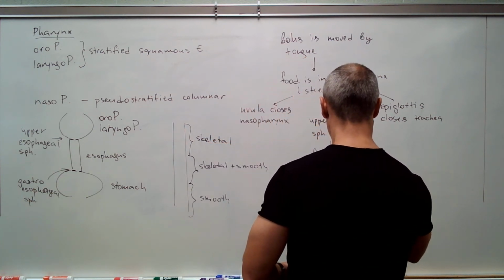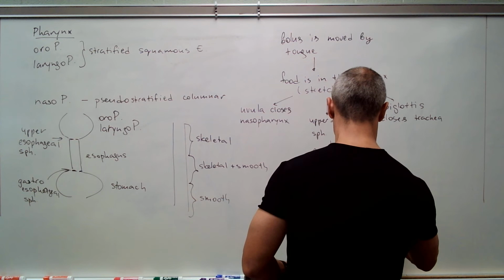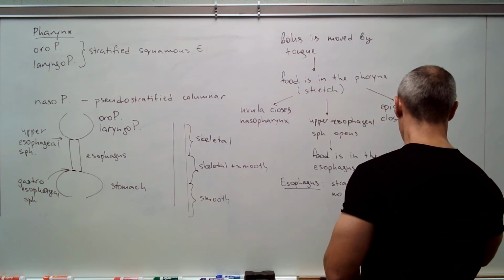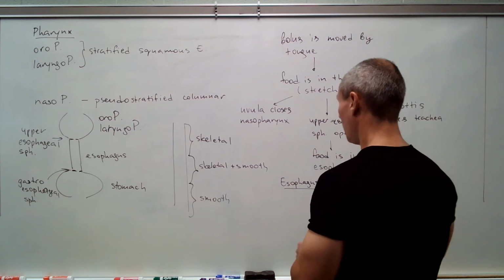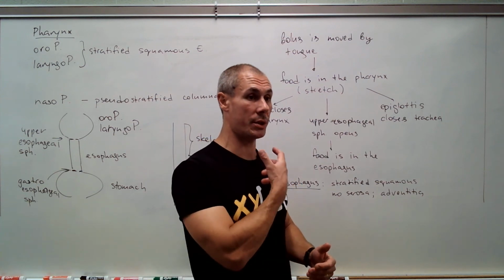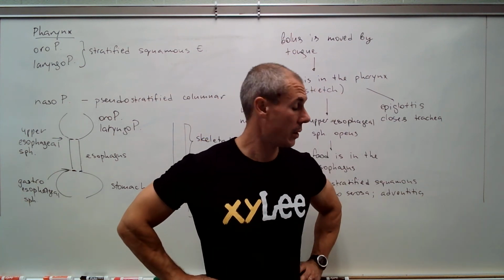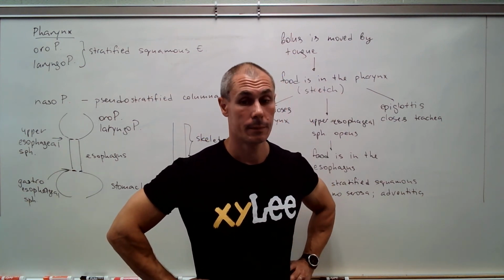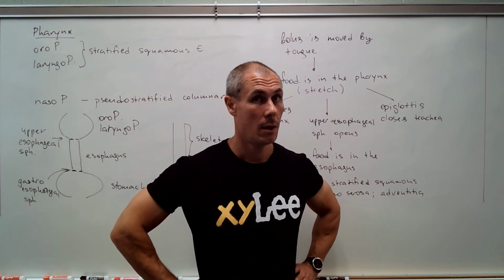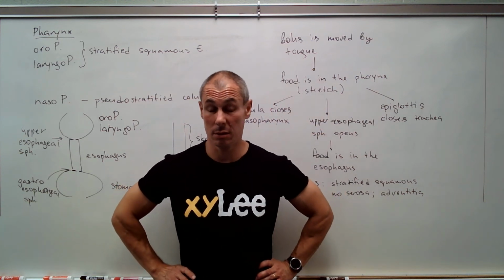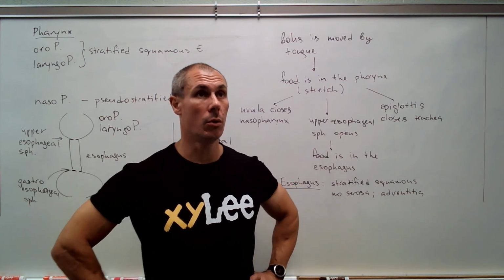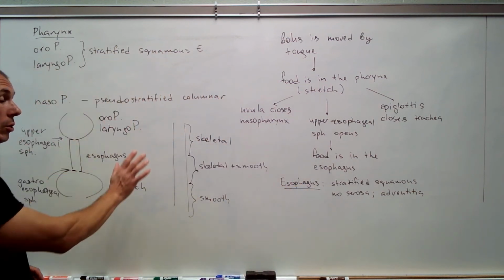And it doesn't have serosa. Instead, it has a pretty strong connective tissue outside that secures it to other organs, called adventitia. That make sense? The esophagus is not a particularly exciting organ, just a tube. So, any questions on the anatomy?